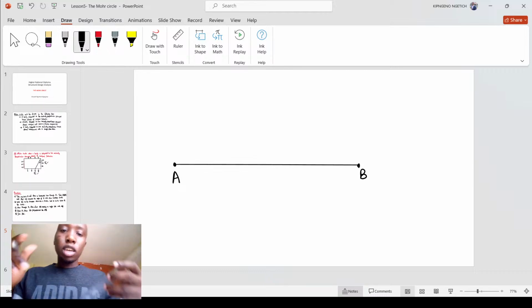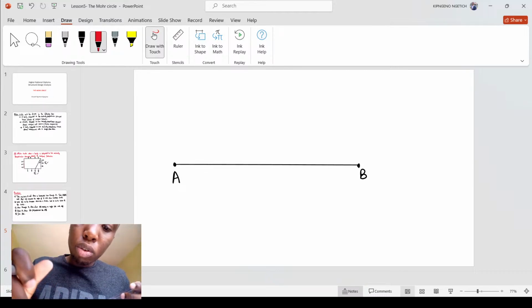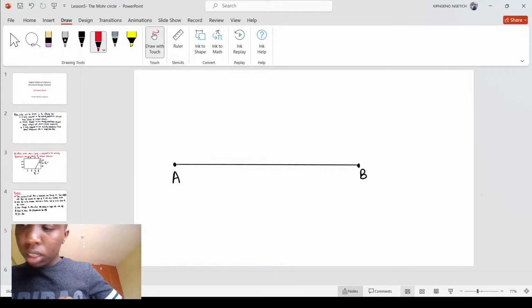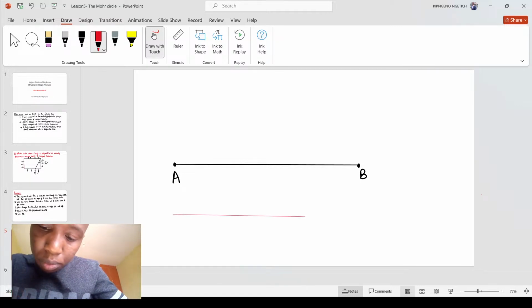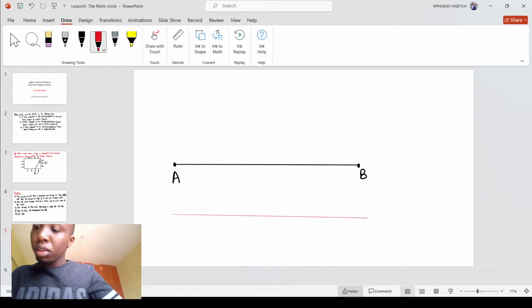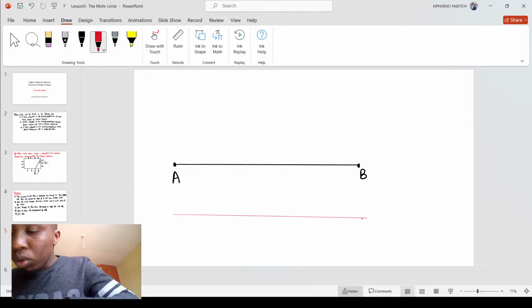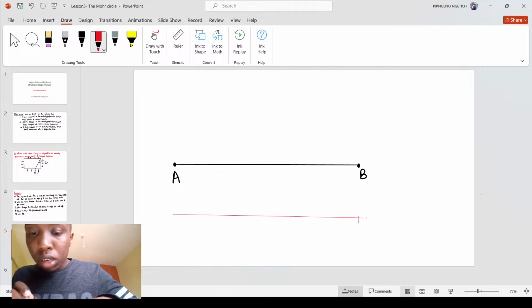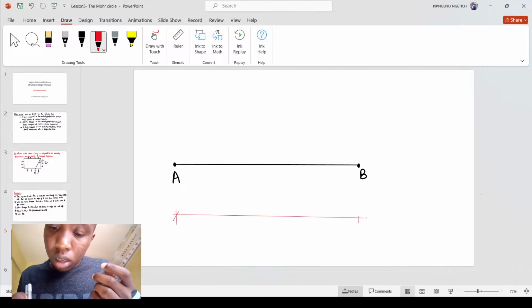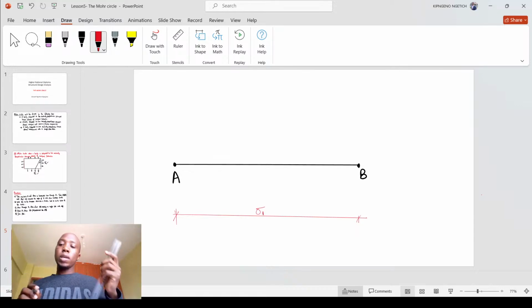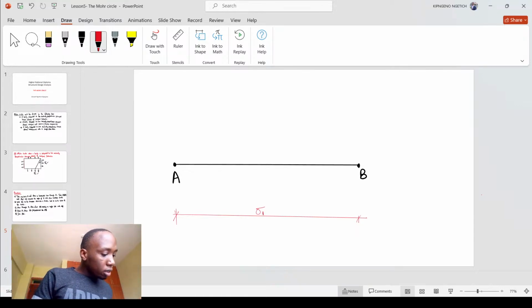Let me have another line here to give the dimensioning. AB is going to be stress 1. Then it talks about AC being stress 2.